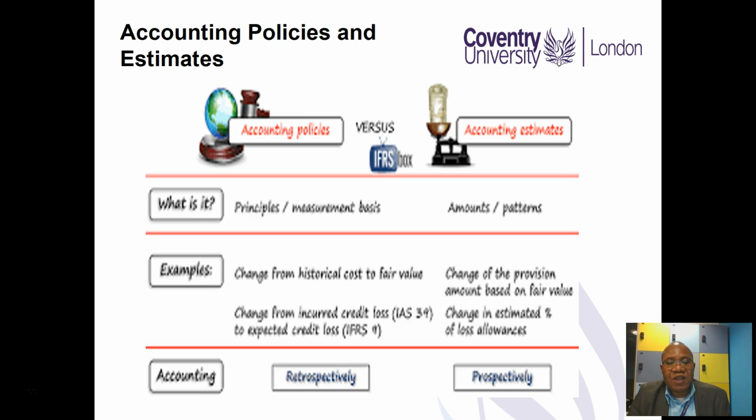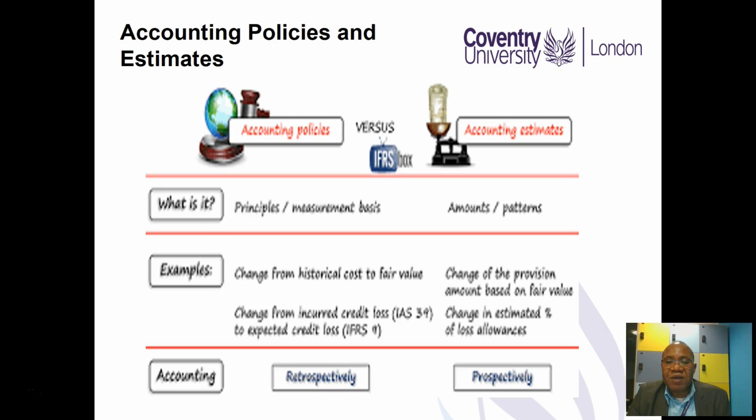However, there are two circumstances under which accounting policy may change. Either the change is brought about by a new standard, or perhaps the change results in more relevant information being presented. In any event, when there is a change in accounting policy, that change must be accounted for retrospectively, as if the change has always been there from the beginning.